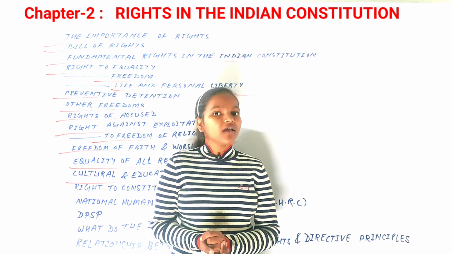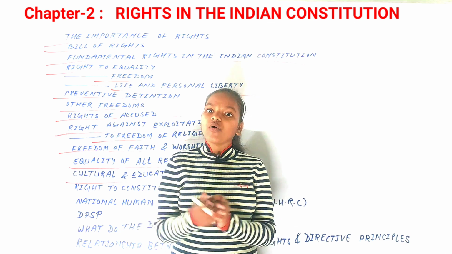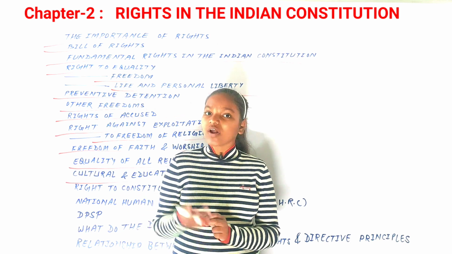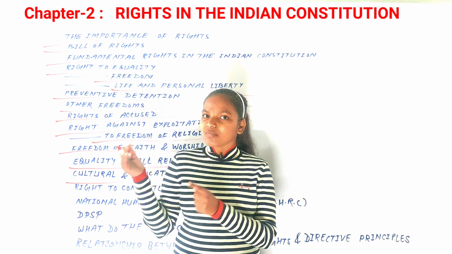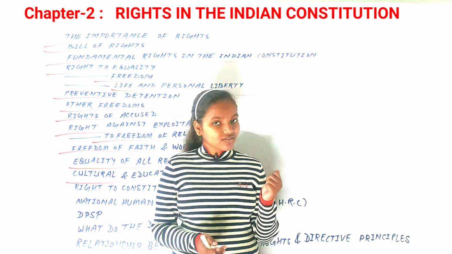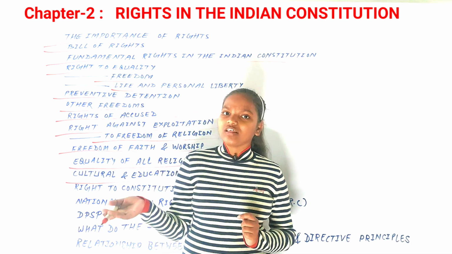So in a region there is a majority and a minority. So what about the culture, the traditions, the rights of the minorities? Are the rights being given to the minorities? That is why this particular fundamental right is for those minority people.